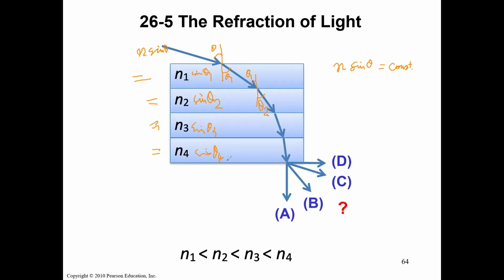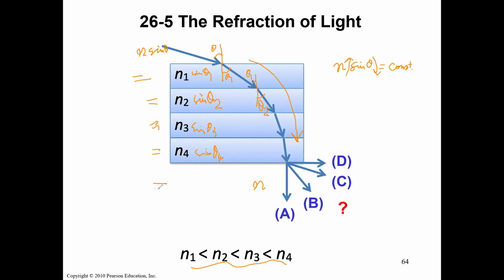It is also equal to n3 sine theta 3, n4 sine theta 4. Now if we have a more and more dense medium, so n increases, then theta is going to decrease. N increases, theta decreases, so n sine theta is a constant. So we see that the light ray is bent this way. Now the light ray will enter the medium n again, and which direction will the light ray go inside the medium n?